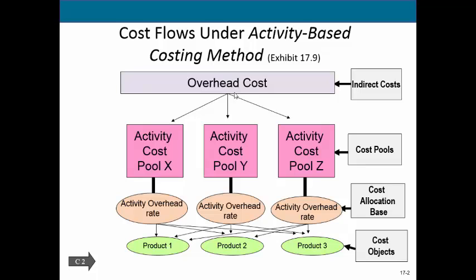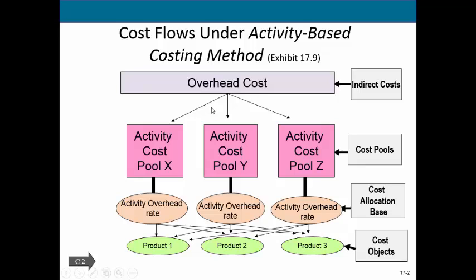Then we moved to the departmental method. And in the departmental method, we divided this overhead into two departments, and then we had a driver for each department. We had the machining department that was based on a driver of machine hours, and then we had the assembly department that was based on a driver of direct labor hours.